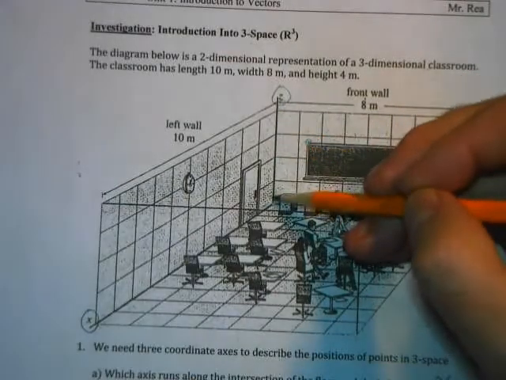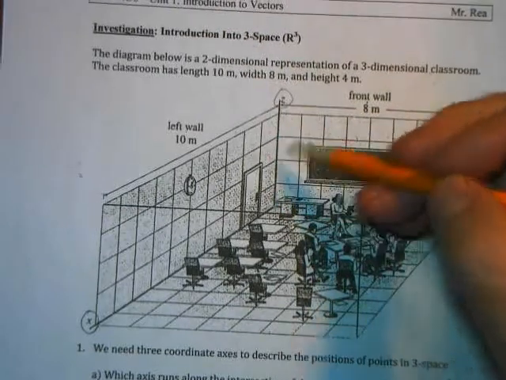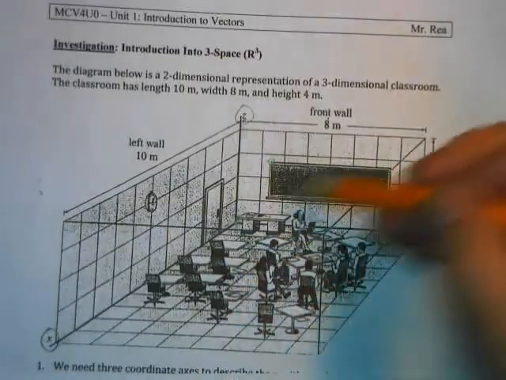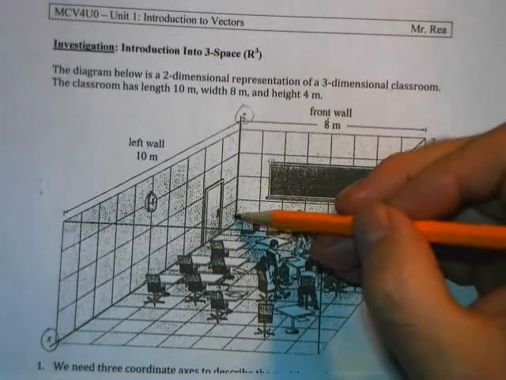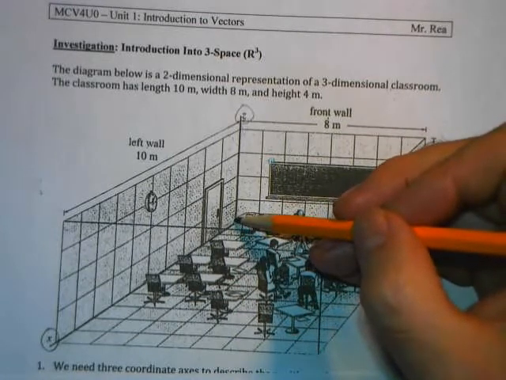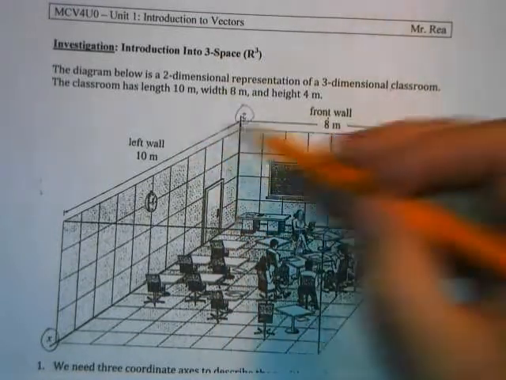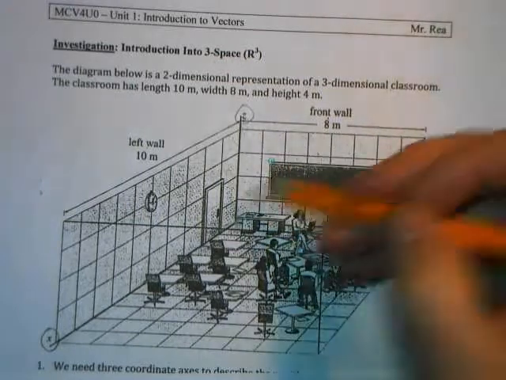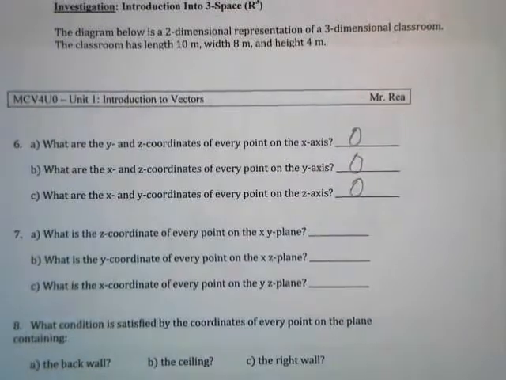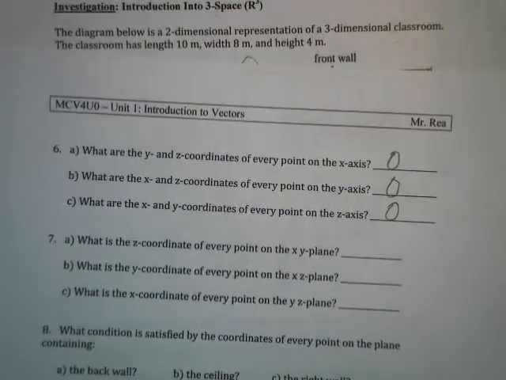As I move along the z-axis, you'd agree that my front to back coordinate is not changing, so x is 0, and the left to right coordinate, the y coordinate, is also not changing, so again 0 for the x and y coordinates.